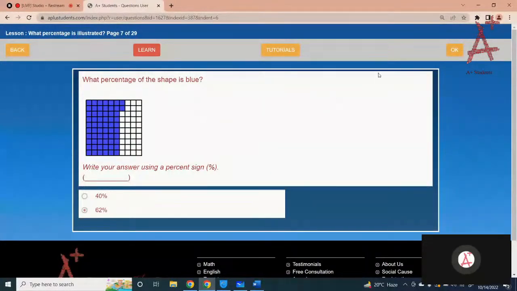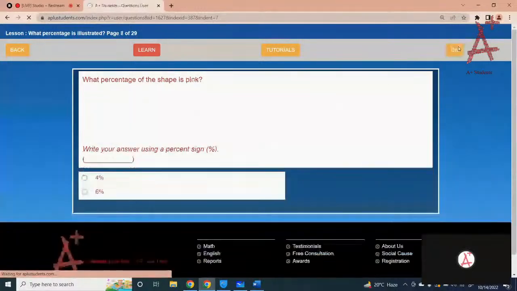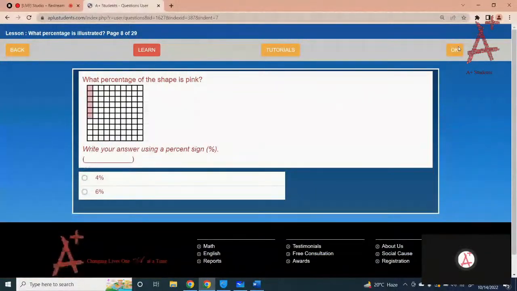Select the correct option and click on the OK button. Very good, Henry and kids. Okay, what percent of the shape is pink? 6% of the shape is pink. Got it?